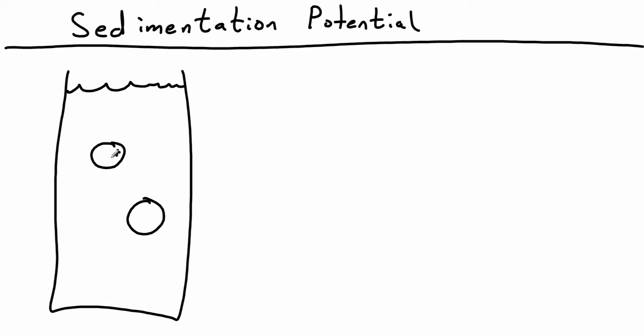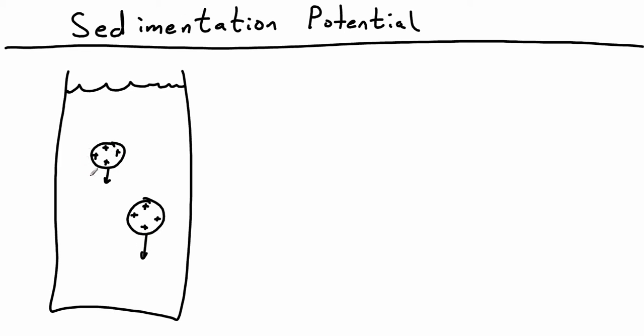So let's imagine these things have a positive surface potential. And we know that they're going to be surrounded by some counterions that are of opposite charge. Great. Well, as these things are moving, let's imagine that they're denser than the solution, so they're going to settle.